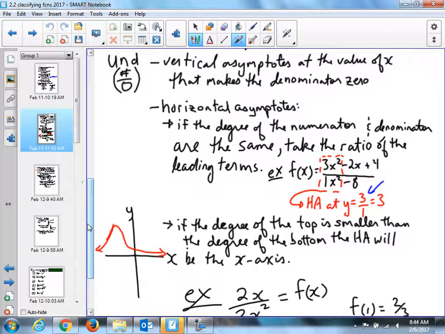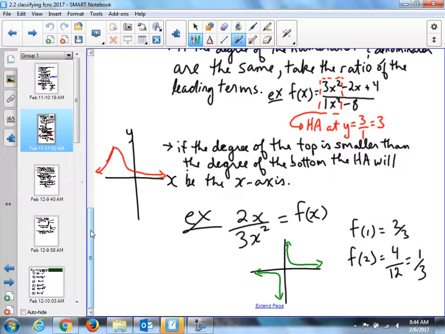So it's going to look like this, and then at 3, above there, you'll have your horizontal asymptote. Now, if the degree of the top, the numerator, is smaller than the degree of the denominator, the horizontal asymptote will be the x-axis, and you're quite familiar with that. 1 over x is a good example of that, or 2x over x squared.